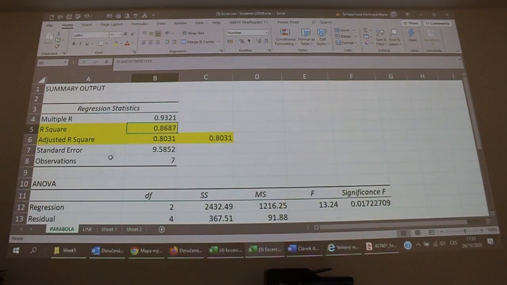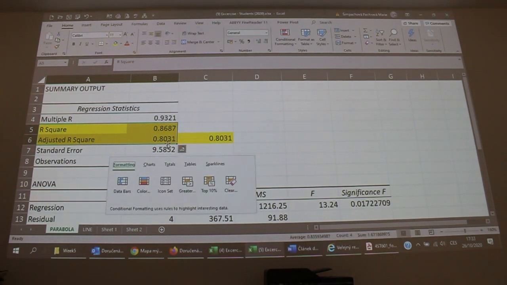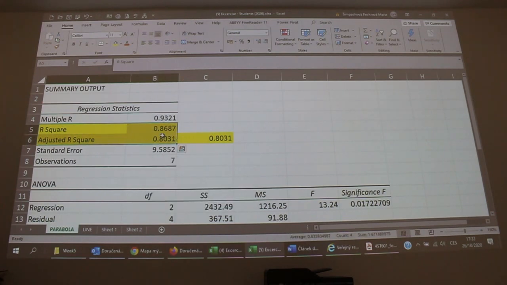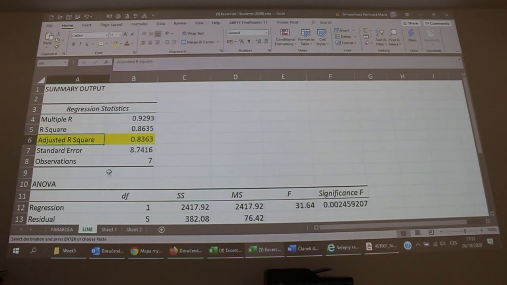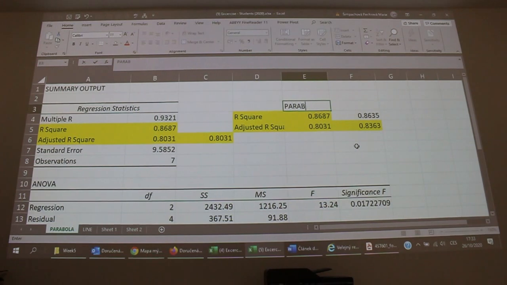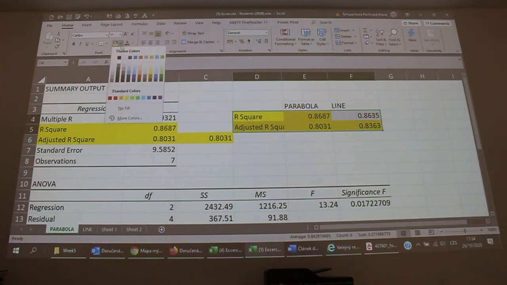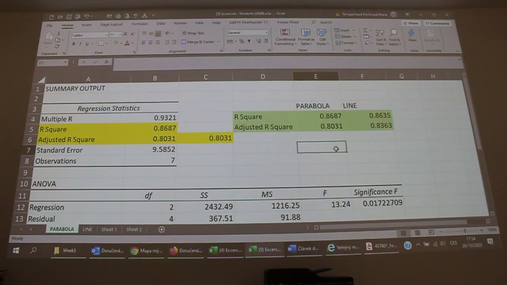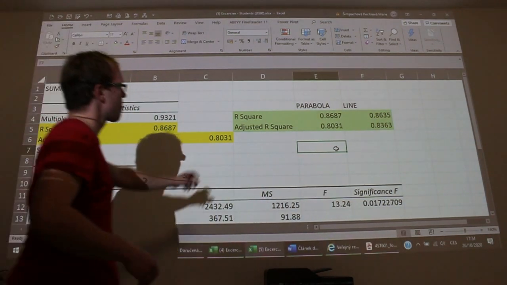I will copy these R square values, so this is for the parabola, copy and paste, and this is the line, copy and paste. There is the parabola and there is the line, and I will use this color. Okay, so check this result.